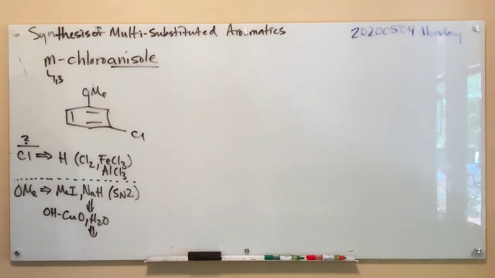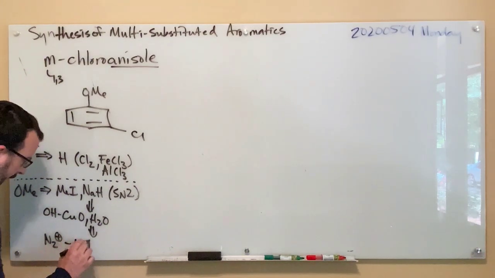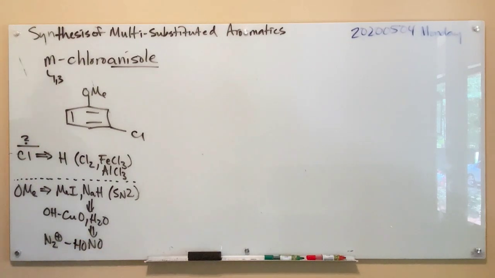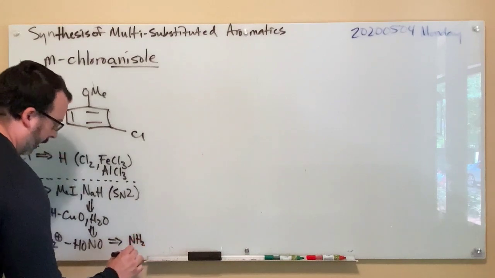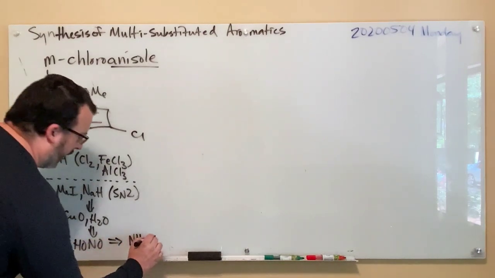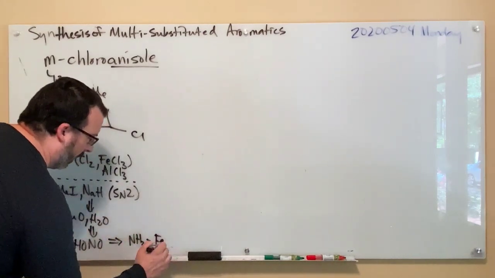Then to get the OH onto the ring, we need to start from the diazonium. And so we get to the diazonium from the amino with HONO. And so this is from reduction of the nitro, again, which we saw in the prior example.